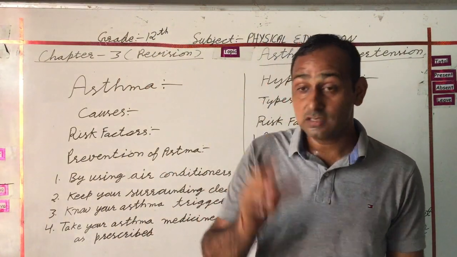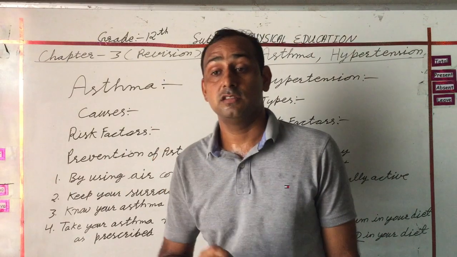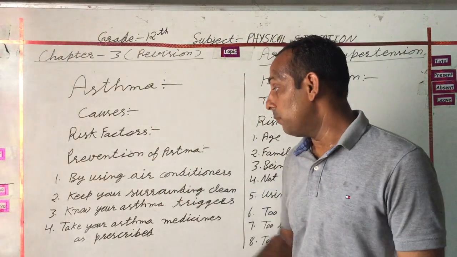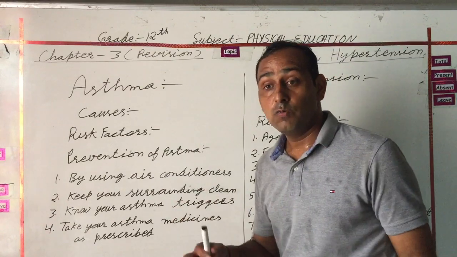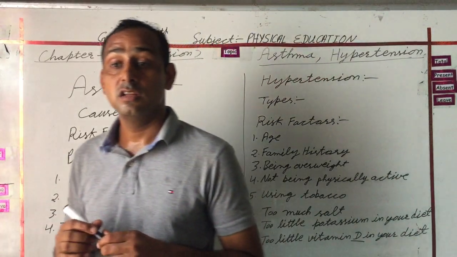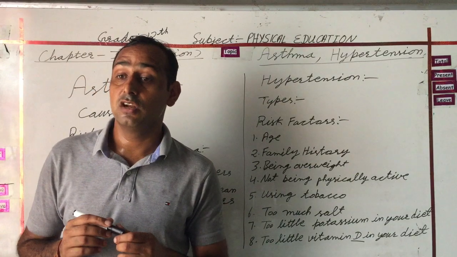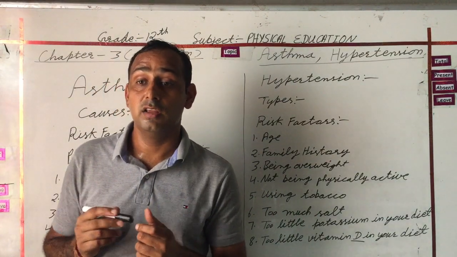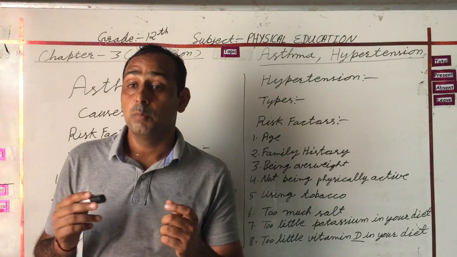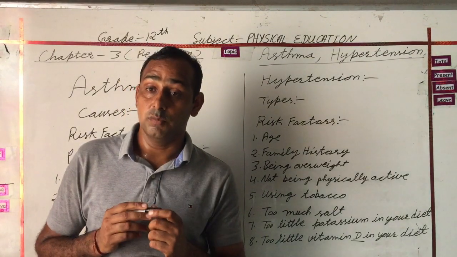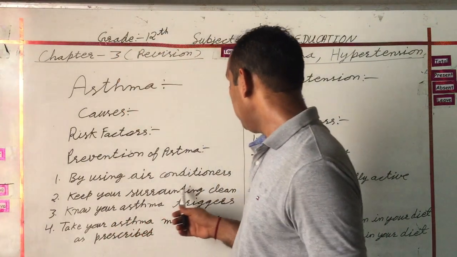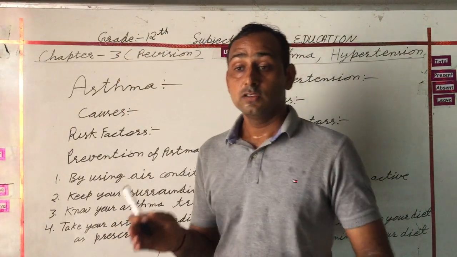After this, next is prevention of asthma. The first point is using an air conditioner. Why use air conditioners? When the windows of an air-conditioned house are kept closed, it reduces the entry of airborne pollutants that can cause asthma. Next, keep your surroundings clean.